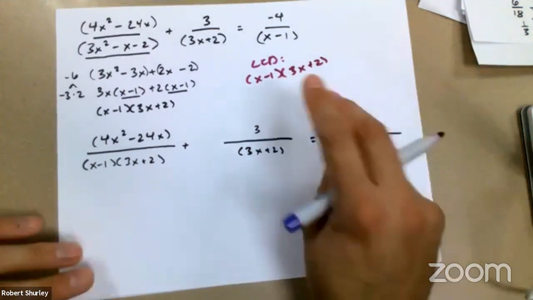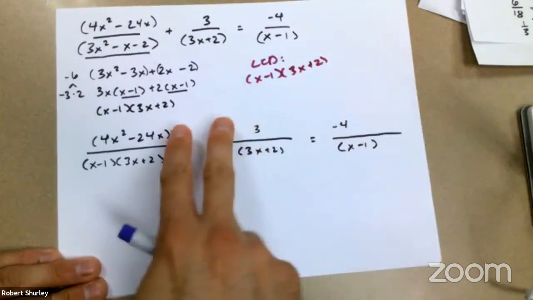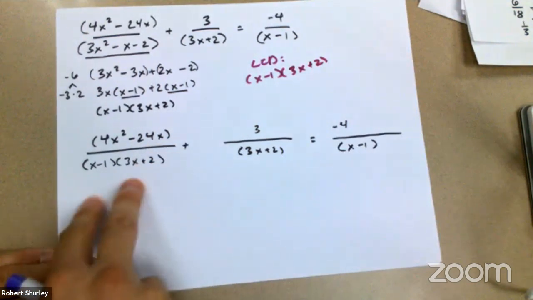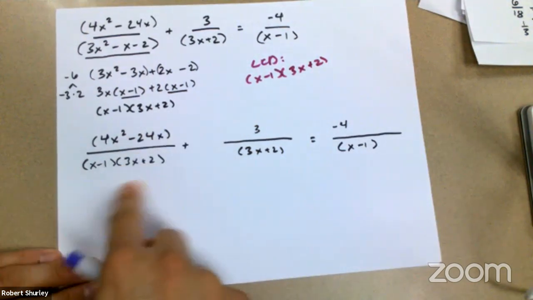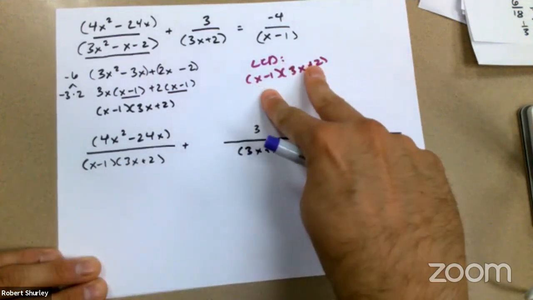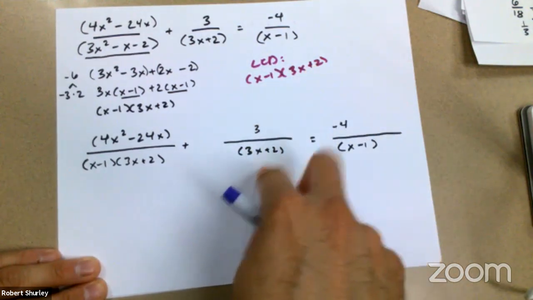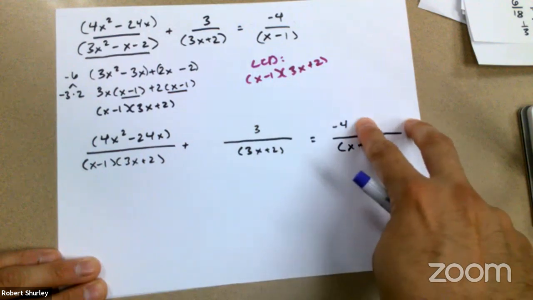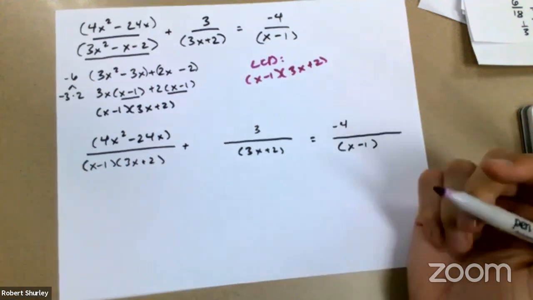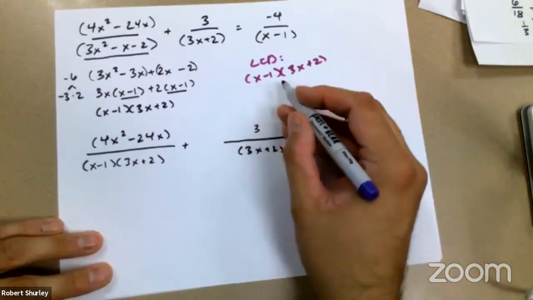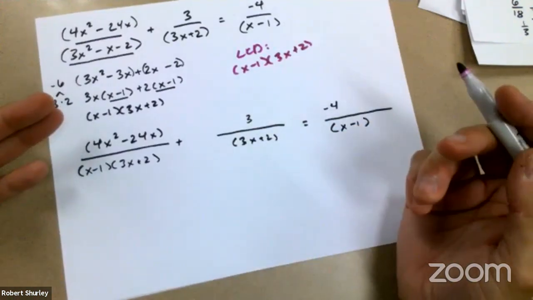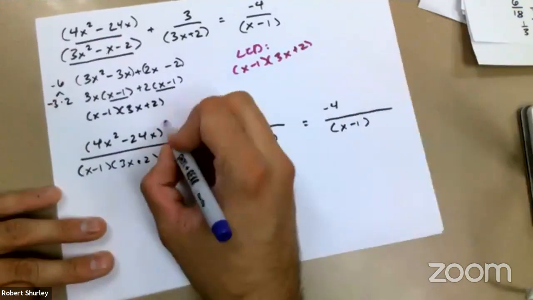And if I multiply that, let's kind of think ahead. If I multiply this to this numerator, both of them are going to cancel, right? So this denominator will cancel. If I multiply this to the second denominator, the 3x plus 2 cancels, right? And if I multiply this to this last denominator, the x minus 1 cancels. So I know this is going to be my, what's the word I'm going for? My least common denominator.